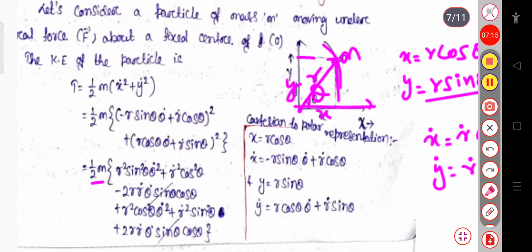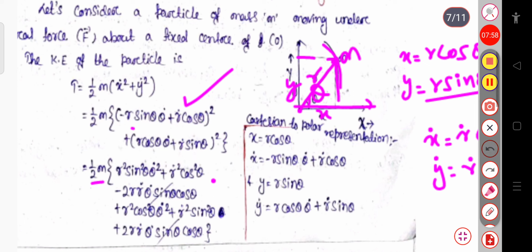This minus r sin theta, theta dot squared will be r square sin square theta, theta dot square, plus r dot square cos square theta, and minus 2ab, because this is in the form of a minus b, so minus 2 r dot sin theta cos theta, theta dot. Similarly for r cos theta, theta dot plus r dot sin theta whole square, this will be equal to r square cos square theta, theta dot square plus r dot square sin square theta, and here 2ab, so 2 r r dot cos theta sin theta theta dot.